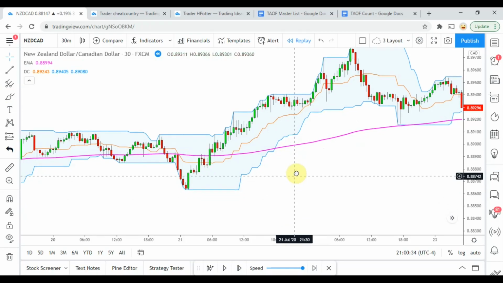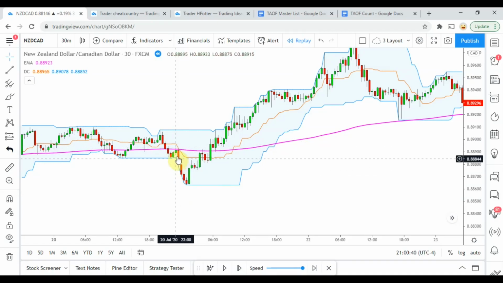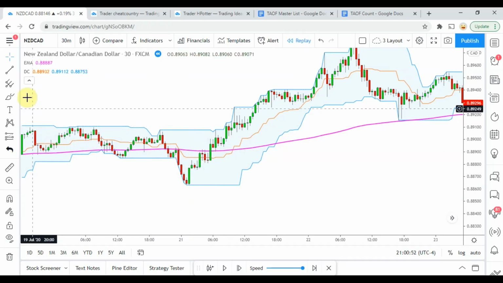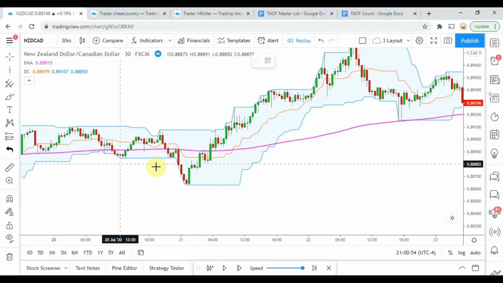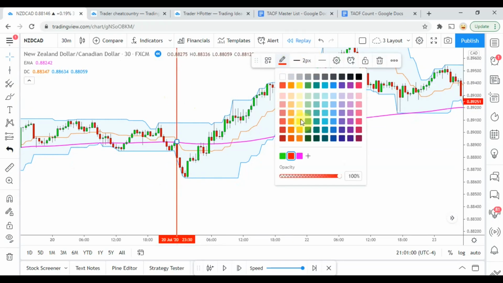When the price action is below the EMA, we are only looking for shorts. For example, right here, you can see that price action came down, broke below the EMA, and then it made this lower low of the lower line of the Donchian channel. And so right there would have been our entry or our signal candle.